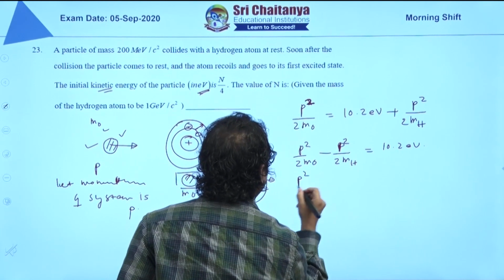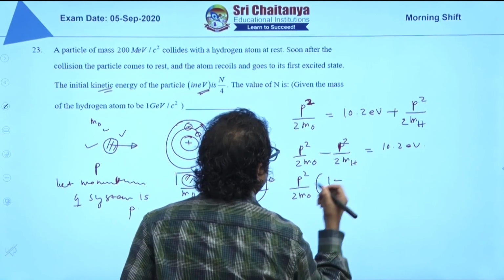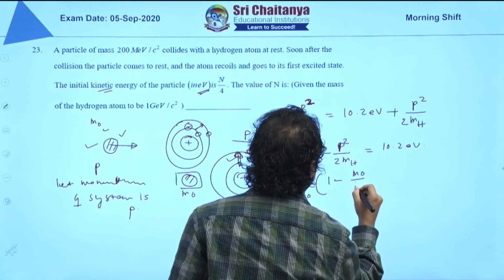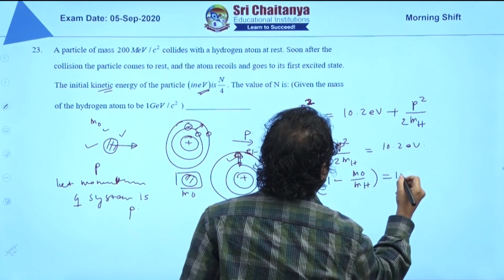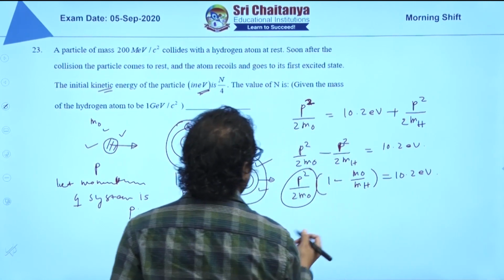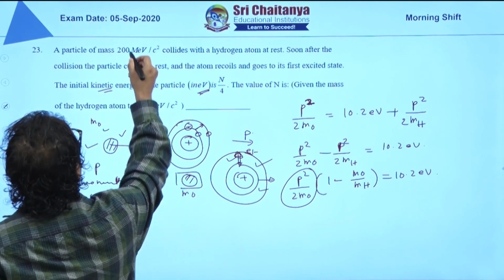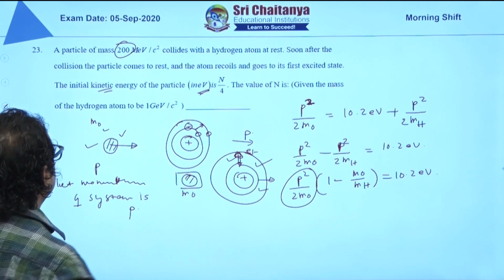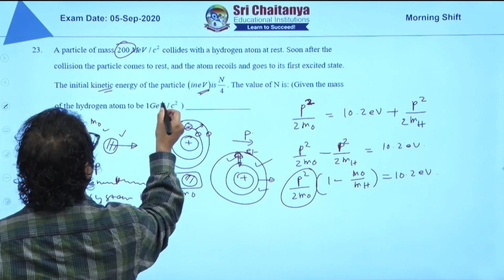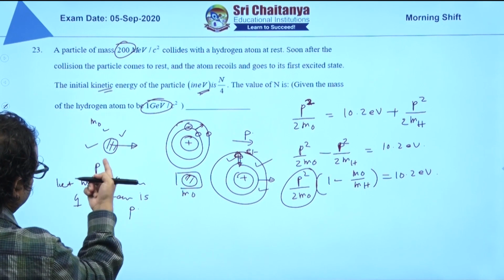So, p square upon twice m naught, if I take common, 1 minus m naught by m h, gives 10.2 electron volt. We want to find this. So, how much is m naught upon m h? The mass is given as 200 mega electron volt per c square, and the mass of hydrogen is 1 giga electron volt, so that is 200 and 1000.